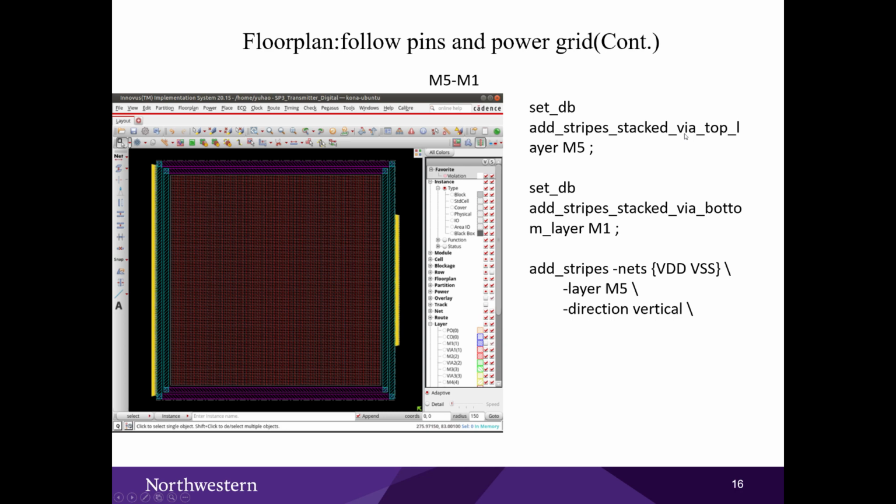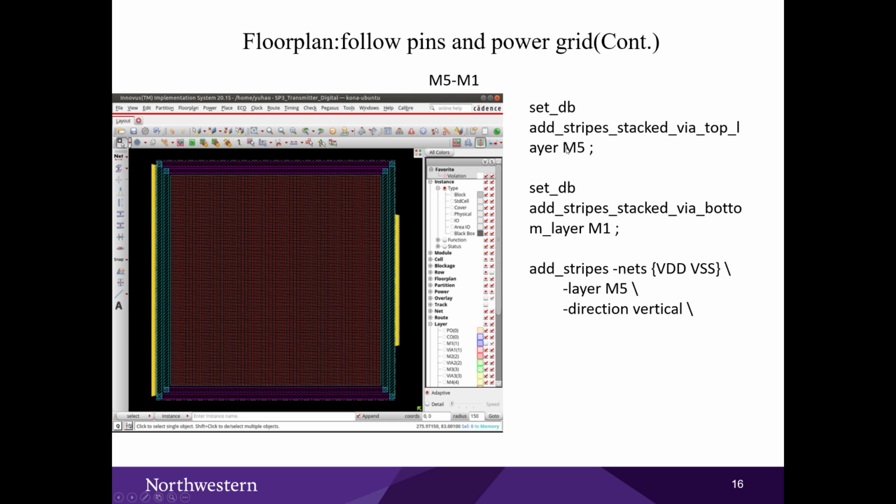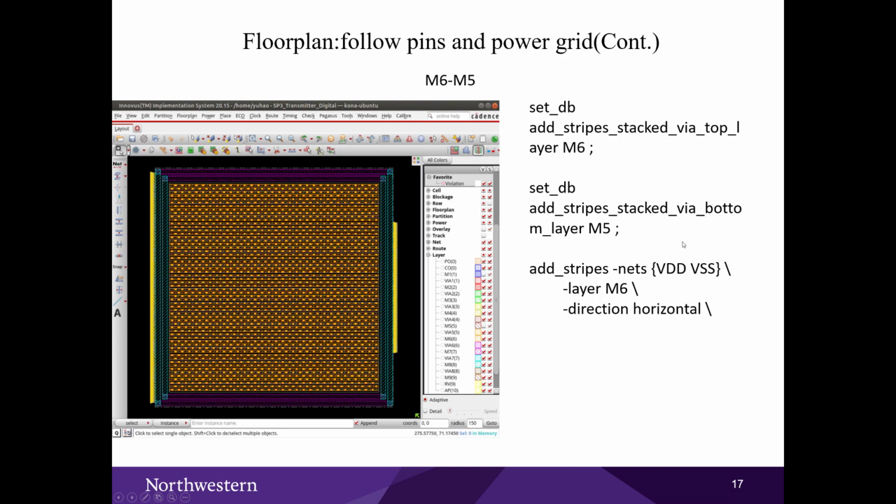The command shows that the top layer is M5, the bottom layer is M1, and direction is vertical because we need to make adjacent power grids in different directions. The follow pins are in the horizontal direction, so we made the power stripes on M5 in the vertical direction. And the next step is just similar to the last step.